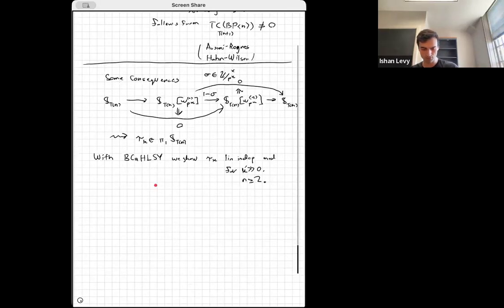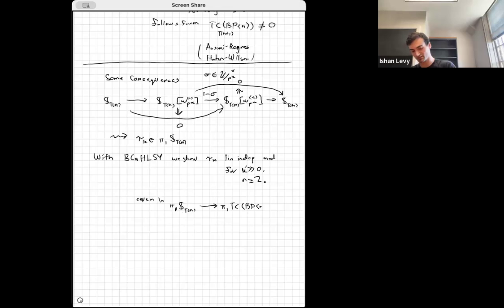And in fact, we show not only are they independent here, they're even linearly independent in pi1 of, so you can look at the image of pi1 of this sphere mapping into pi1 of this topological cyclic homology of one of these BPn fixed points, like the object that was essentially the counterexample of the telescope conjecture. You can just look at the image in there, and it's still non-trivial. They're still linearly independent here.